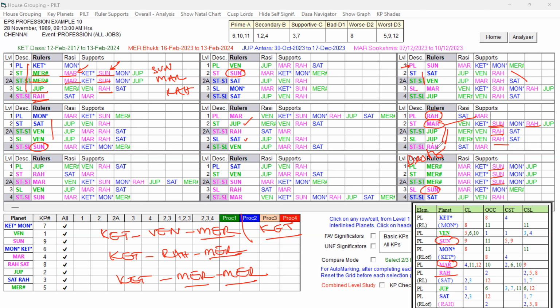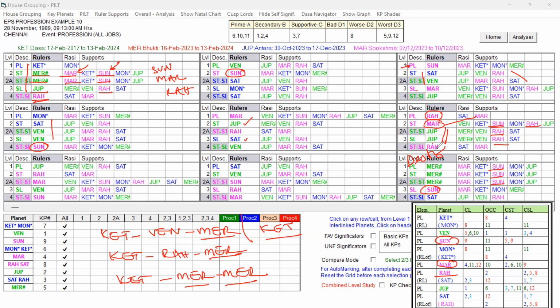So in Ketu Dasa, Jupiter is good and Rahu also supportive, and Saturn is not good. And what about Mercury? Mercury in the star and all levels, there is no Jupiter playing a role. So the Sun is the sublord, that is not good. Supportive for change, not for the promotion. So in that case, which are the planets? In Ketu Dasa, Rahu, Sun and Jupiter are the planets that can favor the promotion.